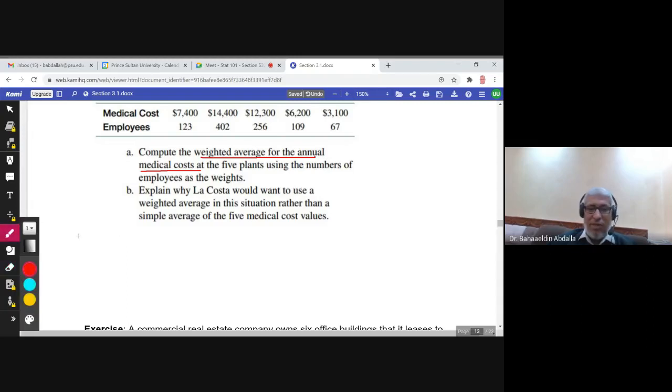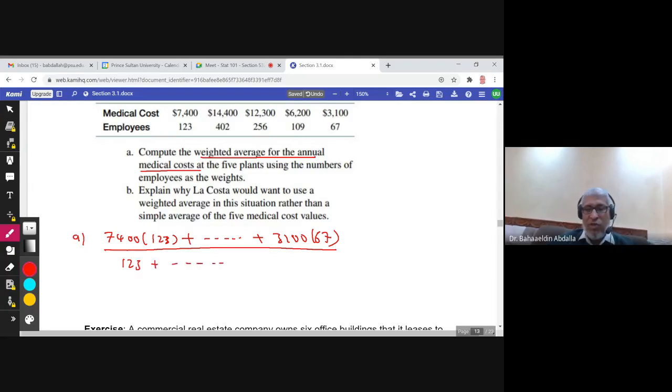So to answer part A, the weighted average would be 7,400 times 123, okay, plus up to 3,100 times 67. And you divide by the sum of all weights, which is here the number of employees, 123 plus 67.